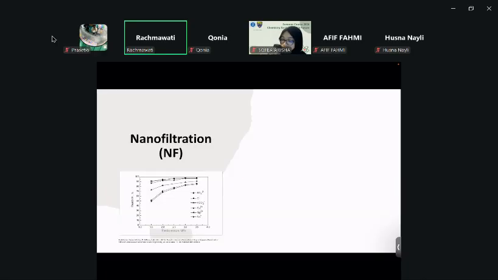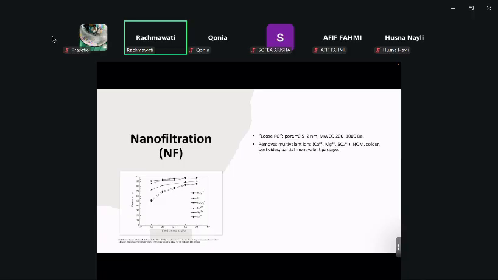Yeah. Now, for nanofiltration itself, sometimes it is called loose reverse osmosis, and the pore size is around 0.5 to 2 nanometer, and the molecular weight cutoff is around 200 to 1000 Dalton. So why do I want to use nanofiltration? Because the size is very small.